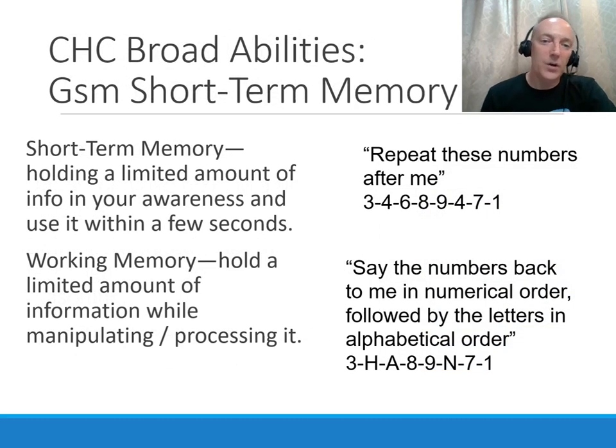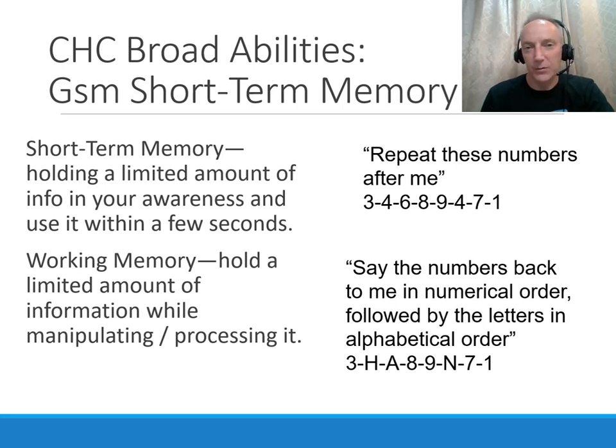Then another broad ability is short-term memory. Tests that measure the broad ability of short-term memory actually measure both short-term and working memory that we learned about in our memory chapter just last chapter. So a short-term memory task would be, I'm going to say some numbers to you.